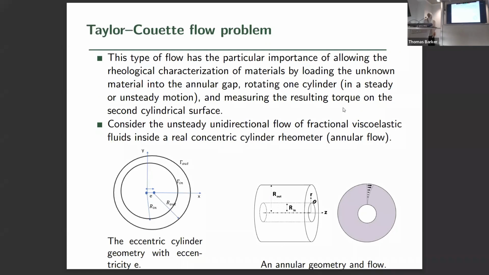Consider the unsteady unidirectional flow of a fractional viscoelastic fluid inside a concentric cylinder rheometer, which is annular flow. Here is the eccentric cylinder geometry, with the eccentricity in our case equal to 0, and here the annular geometry and flow.